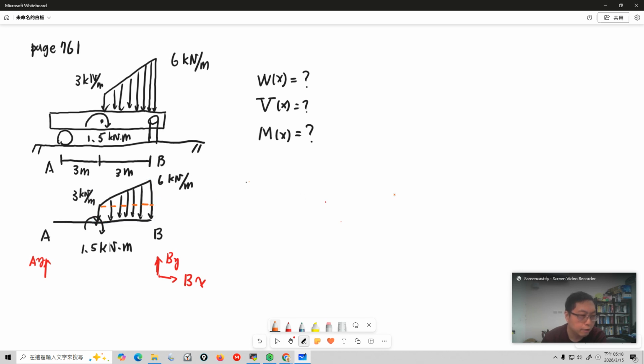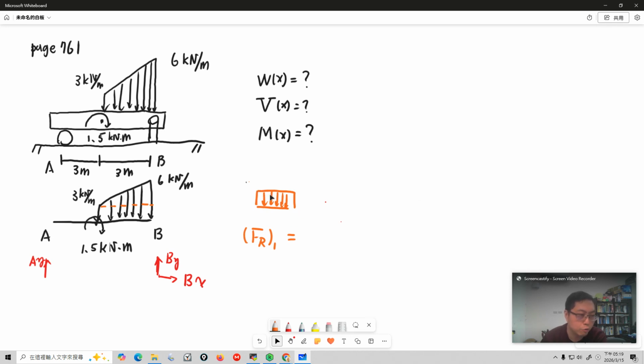For the rectangular part, we call the resultant force FR1.